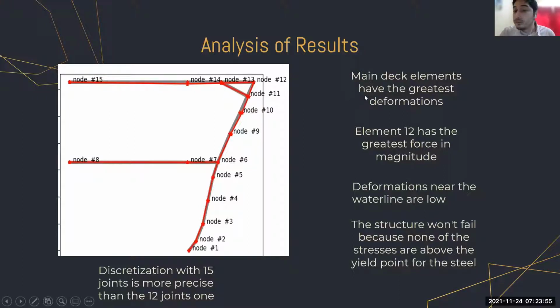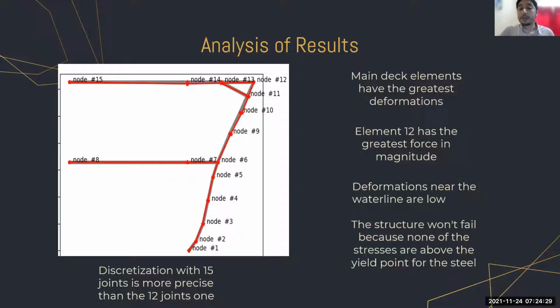And element 12, the diagonal element that is the reinforcement, has the greatest force in magnitude because of the more distributed force on the deck. The deformations near the water line, below node 4, are low because they contrast each other.